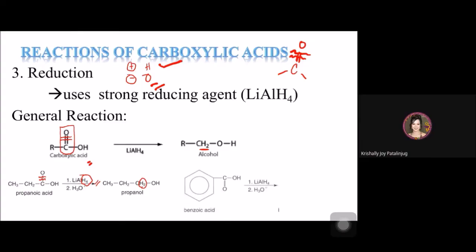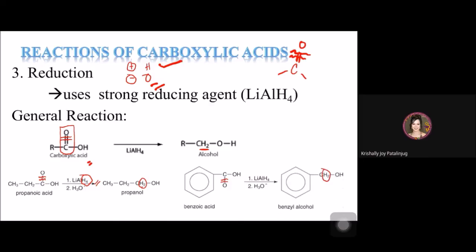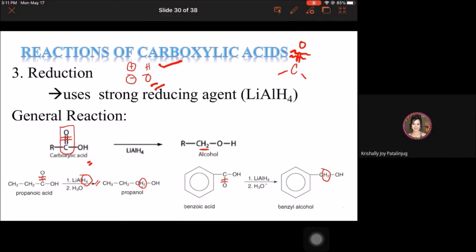Another example, you have benzoic acid. So removal of that oxygen on the carbonyl group, then simultaneously adding two equivalent hydrogen, producing a benzyl alcohol. So we are done with the reactions of carboxylic acids.